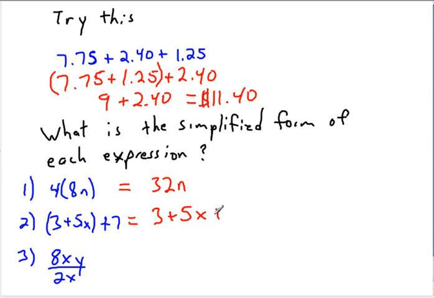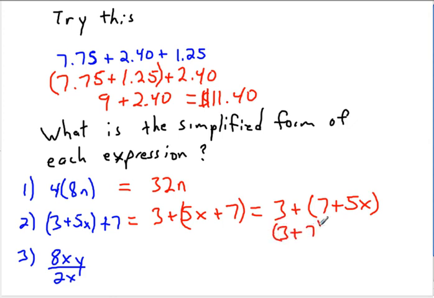And like I said, we could pretty much do this in our heads, but just to use the correct properties, I'll just show you how that works. So we can do that, and then we can use the commutative property to flip those around. Then we can use the associative to do this one first.